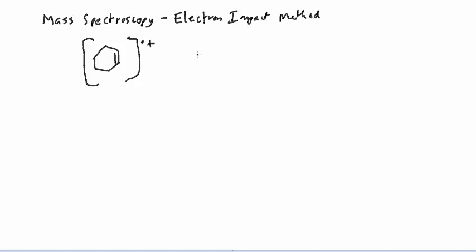So let's make an alternate drawing of that. I've been using, as a kind of informal convention, a way to draw such a species by having a loop and then a dot in the loop that indicates one pi electron.